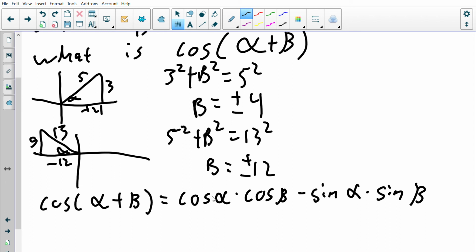So cosine of alpha would be adjacent over hypotenuse. Cosine of beta would mean adjacent over hypotenuse. And those are going to get multiplied together.